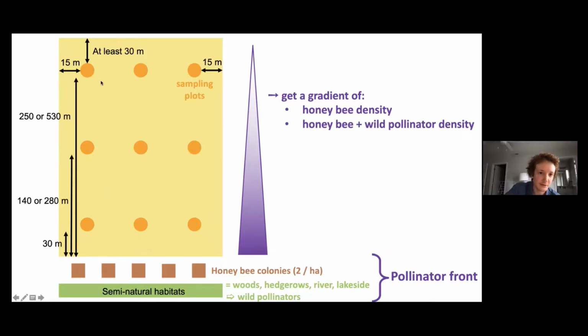And at last, 3 sampling plots at 350 meters or 530 meters from the pollinator fronts. The aim was to get a gradient of honeybee density and also of wild pollinator density. So we expected this density to decrease with the distance from the pollinator fronts.